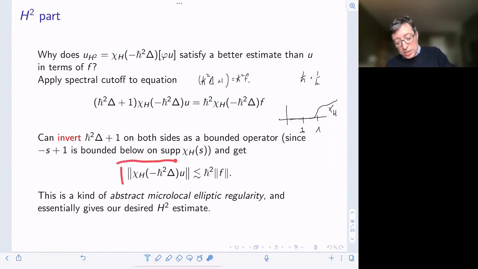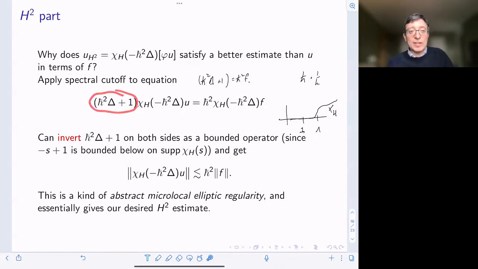So I get an estimate for the left-hand side in terms of h bar squared f, which I claim is 1 power better than you deserved. And so that's how you get your estimate on this high frequency part. So it's a kind of abstract microlocal elliptic regularity. It's just in terms of the functional calculus. I just said I could divide by this operator because it was a nice non-vanishing function of h squared Laplacian.